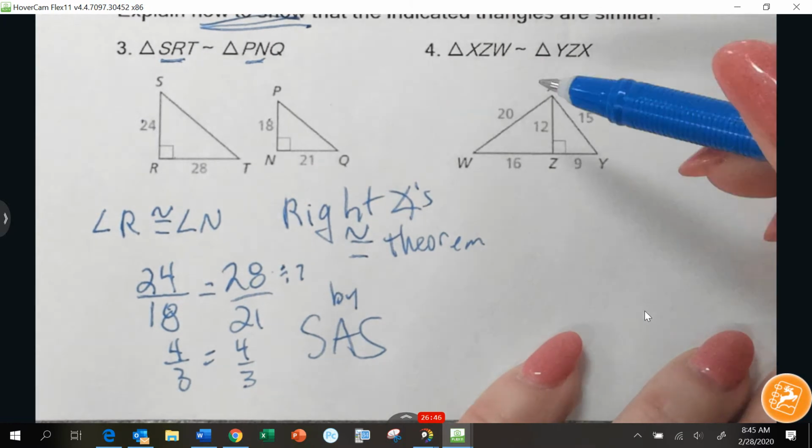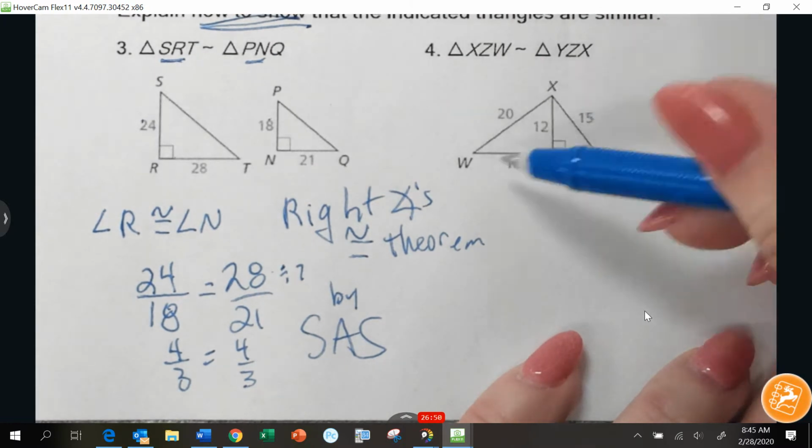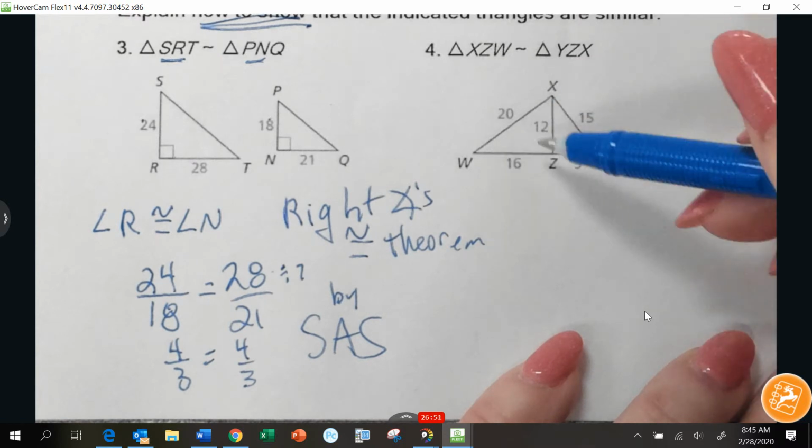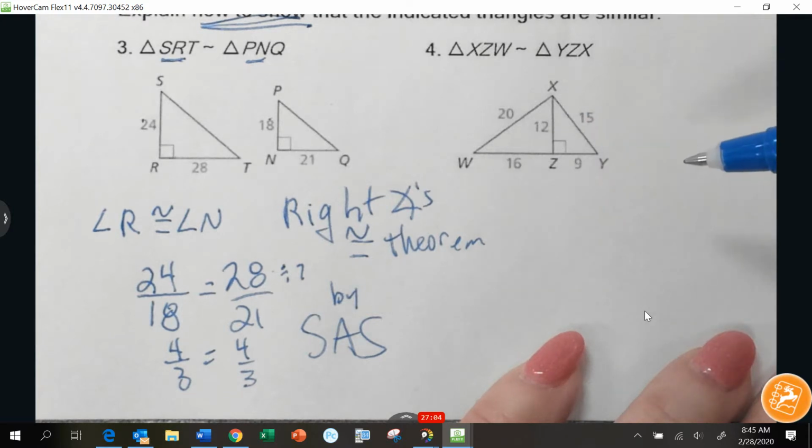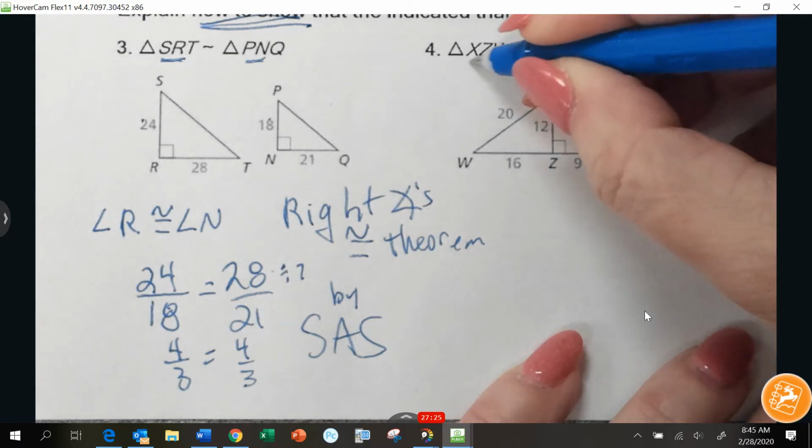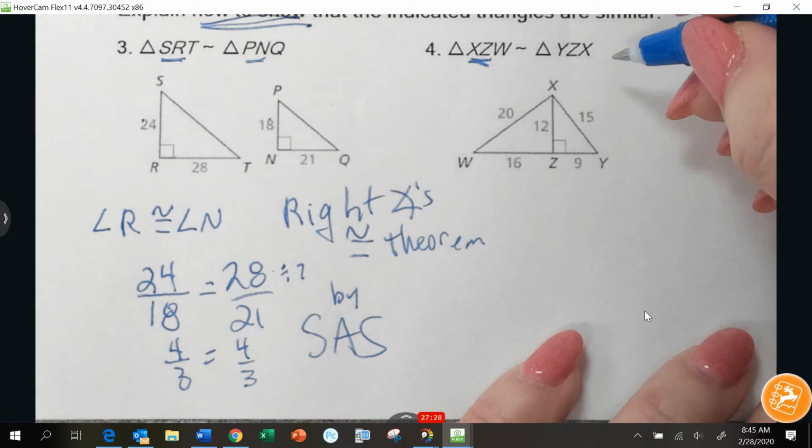All right, this one up here says XZW, this medium triangle, and then Y. How could we try this one? Who has an idea? Ryan, you have an idea. I know you do. You're waiting to say it. XZ corresponds to XZ.